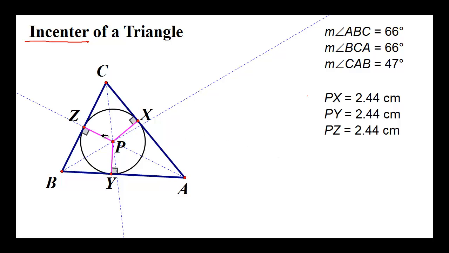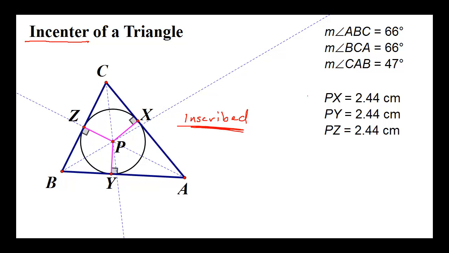So each of these distances from the incenter to a side of the triangle is a radius of a circle that's inscribed. Okay, so the word is inscribed. So this circle is inscribed in triangle ABC.